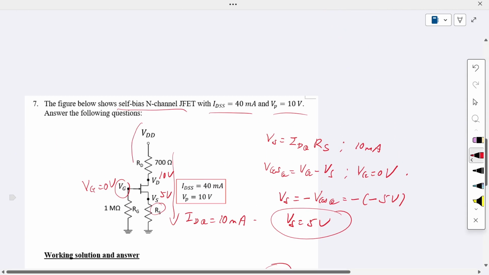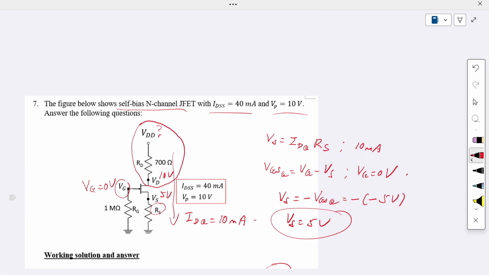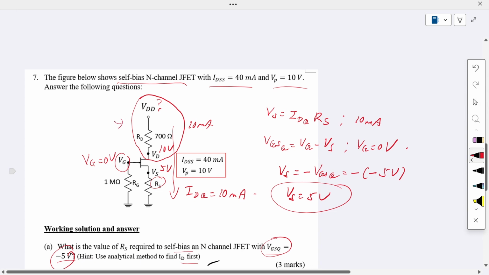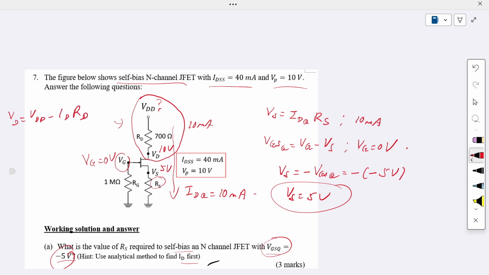Now, if you refer to this part over here, what is the VDD that will give us this 10 volt if the ID that flows is 10 milliampere? This is just a series circuit, right? So we want to find VD. VD is equal to VDD minus ID RD, right? So VDD is equal to VD plus ID RD.